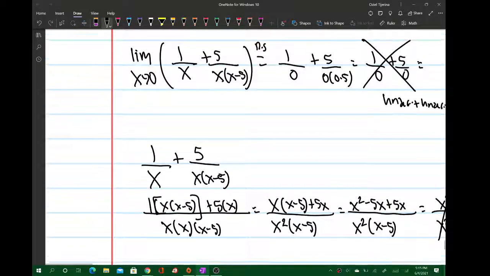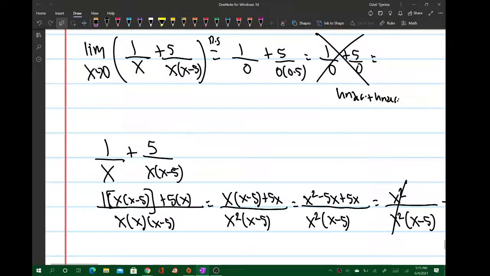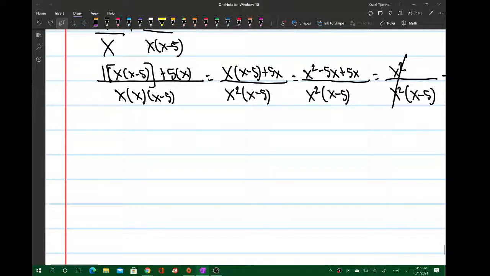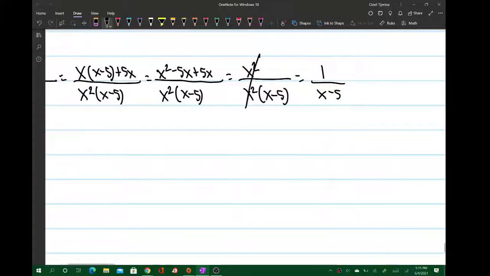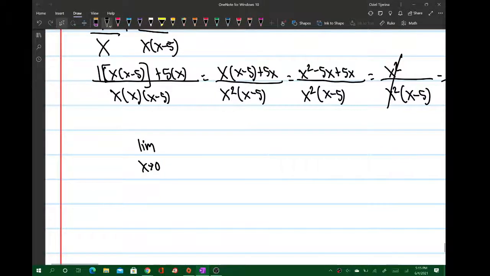Okay. And it's the limit as x approaches 0. So the limit as x approaches 0, by direct substitution, of 1 over x minus 5 would be 1 over 0 minus 5, which is just -1/5.